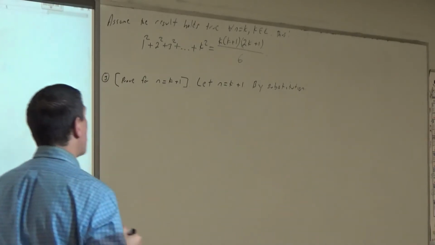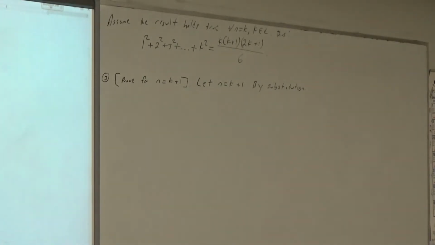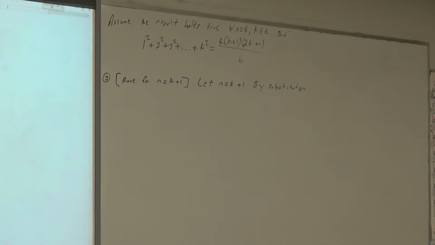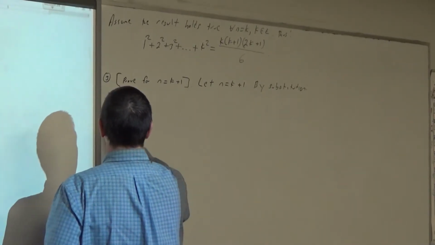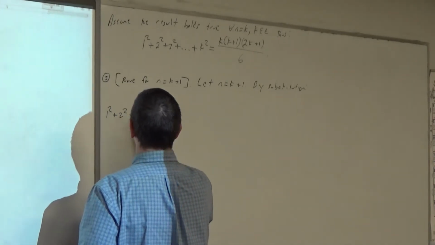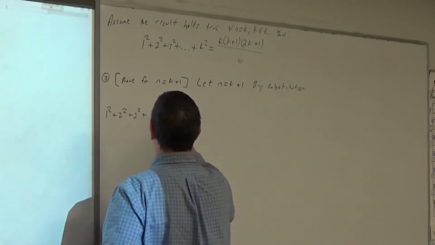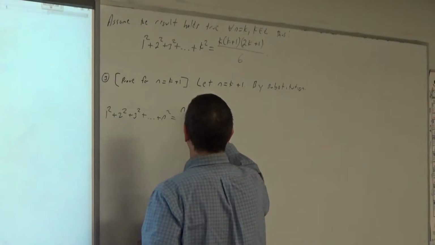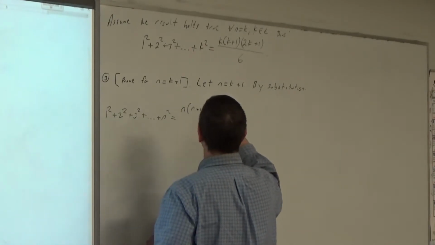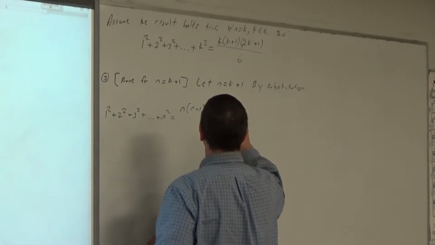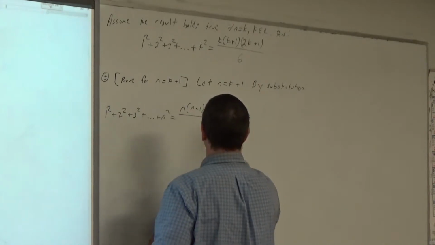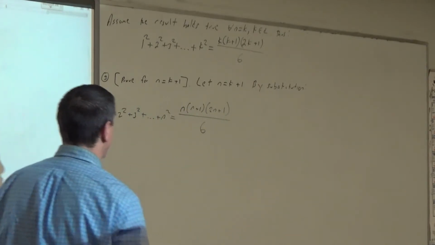So by substitution, does anybody think they might know? Well, I'm going to write out what we initially had. So we have 1 squared plus 2 squared plus 3 squared plus ... plus n squared is equal to n times (n plus 1) times (2n plus 1) over 6. That's just the original that we were given.